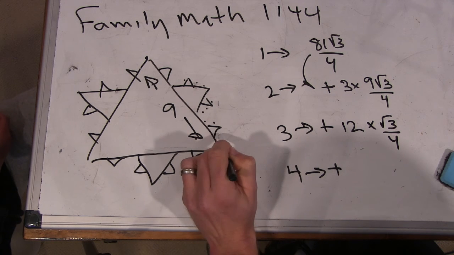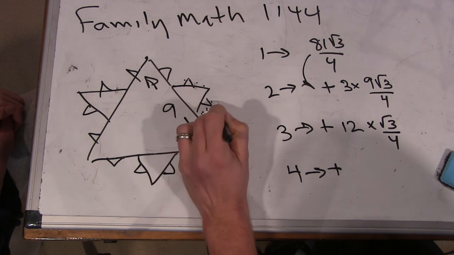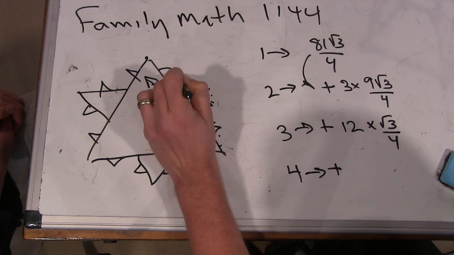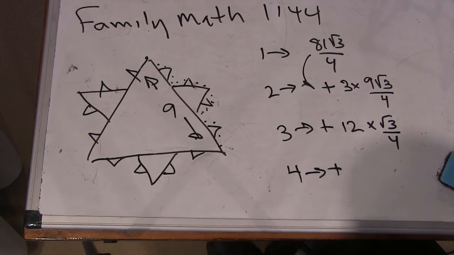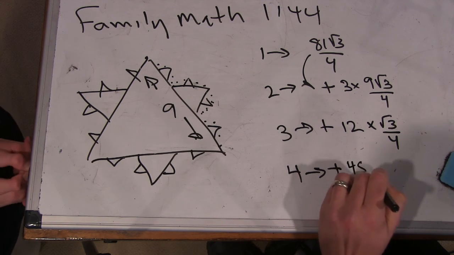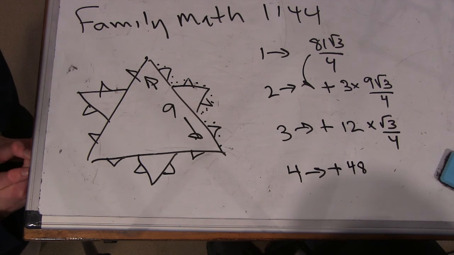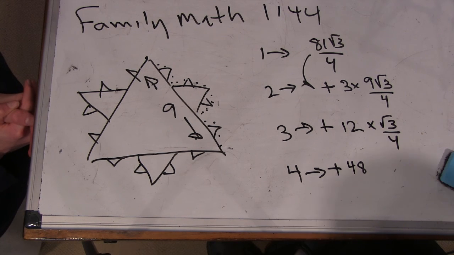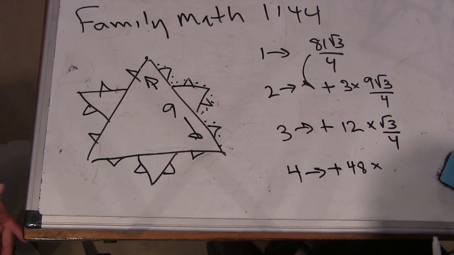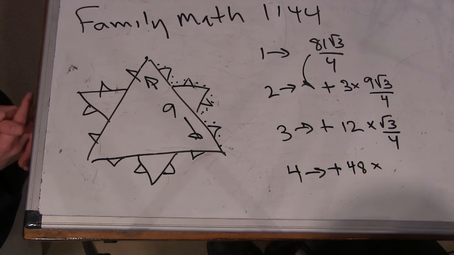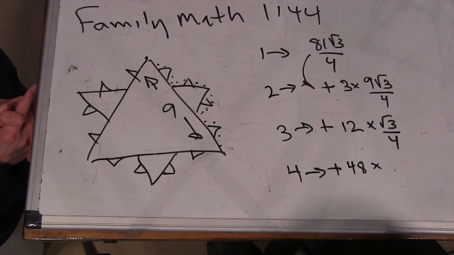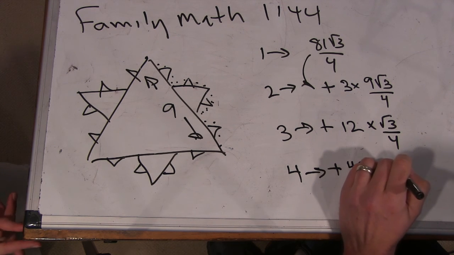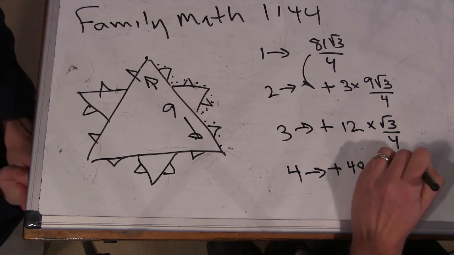Let's see, hold on. 1, 2, 3, 4, 5, 6, 7, 8, 9, 10, 11, 12, 13, 14, 15, 16. Times 3, so it's 48. Alright, so 48. Good. And then the side length is a third, so a third times a third times root 3 over 2, divided by 2.